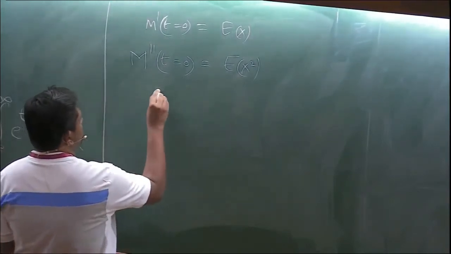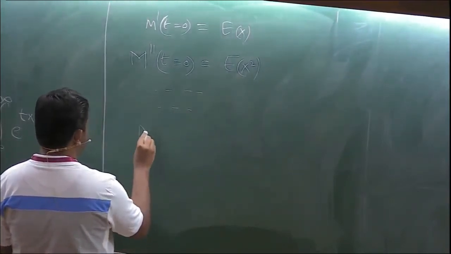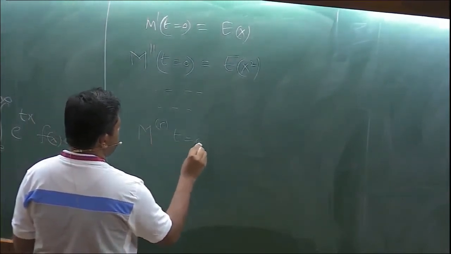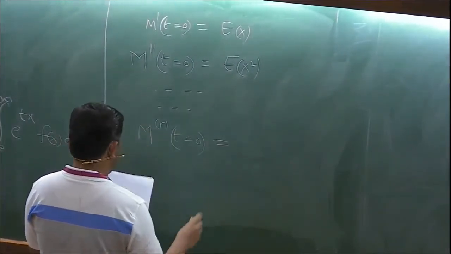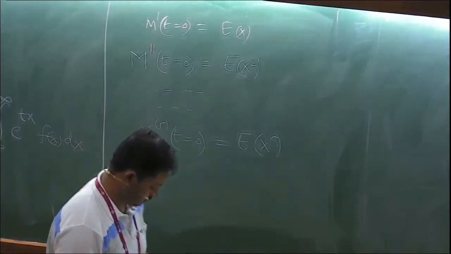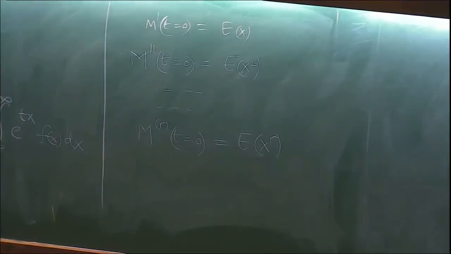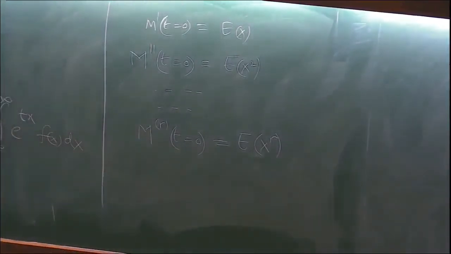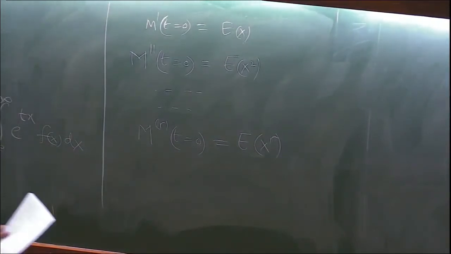One can generalize this, and so the rth derivative of the moment generating function evaluated at t equal to 0 gives you the expectation value of x to the r. There's a nice correspondence.